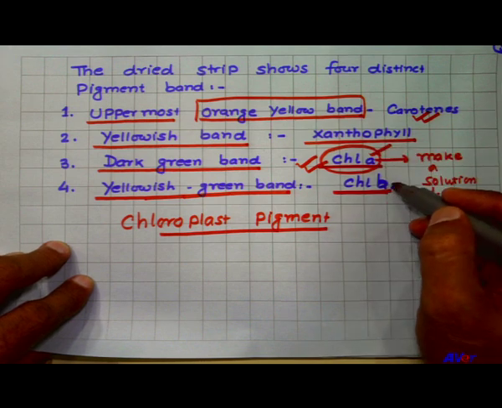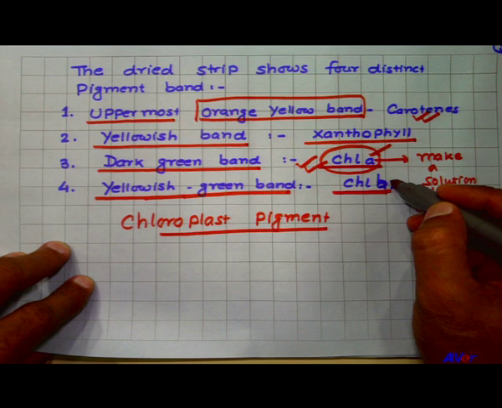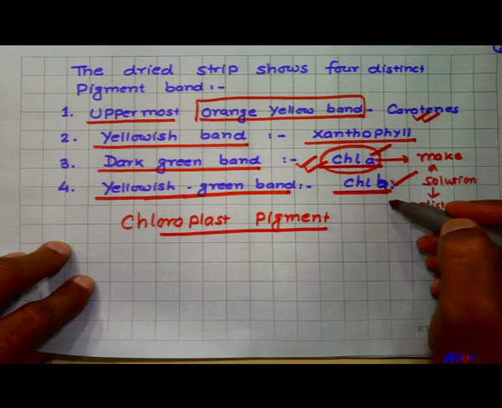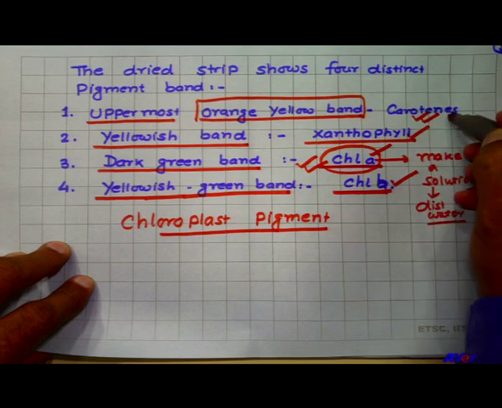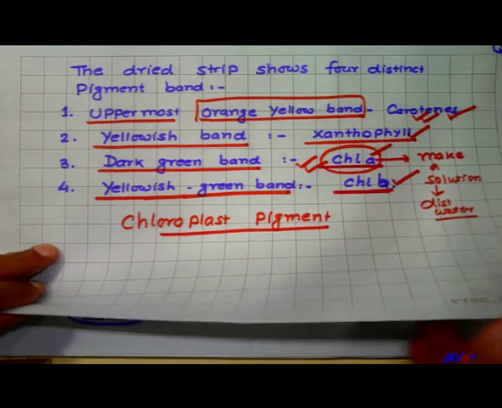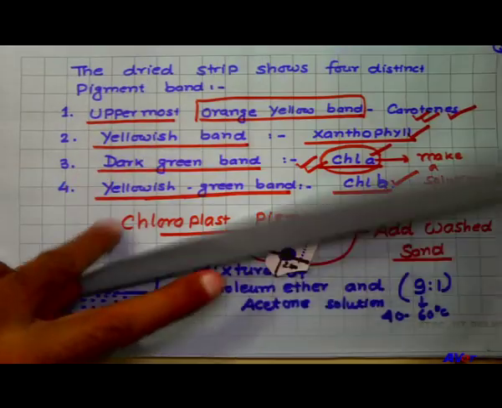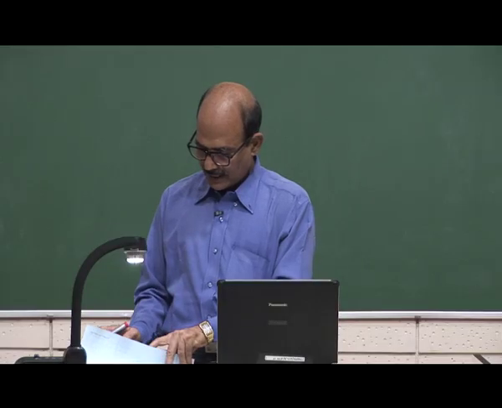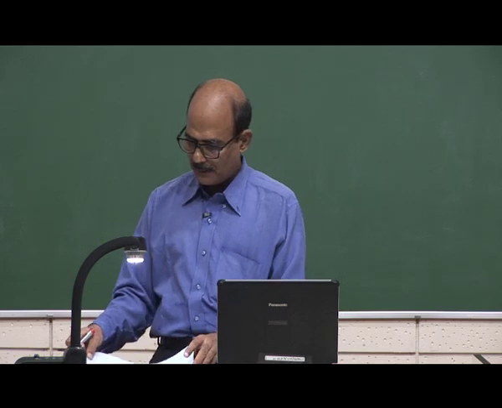In this way, we can do experiments with chlorophyll B, xanthophyll and carotene. So, in this way different types of chloroplast pigment can be isolated with the help of paper chromatography.